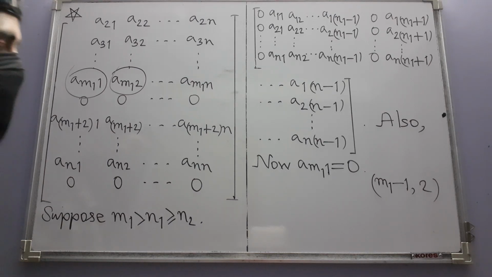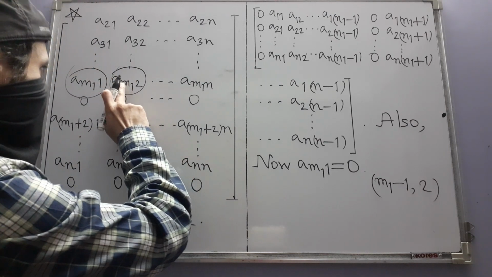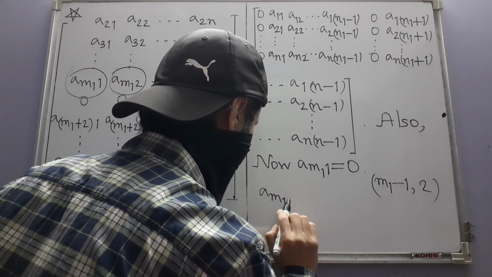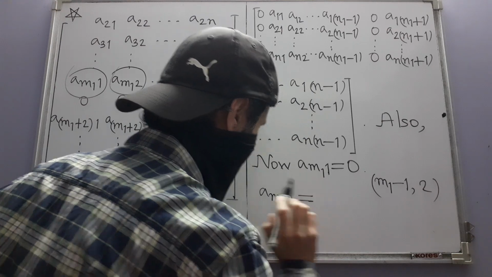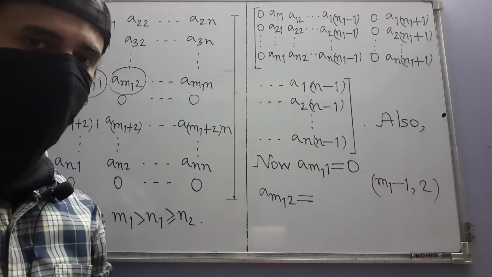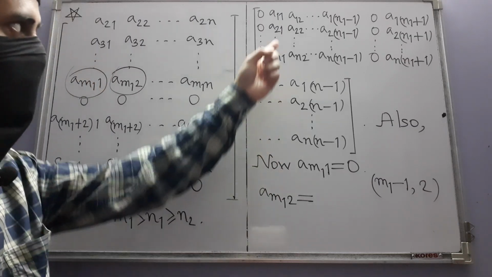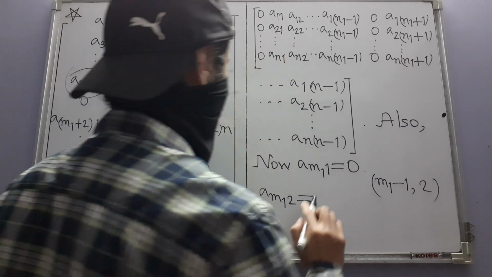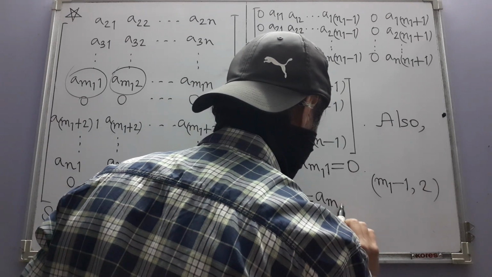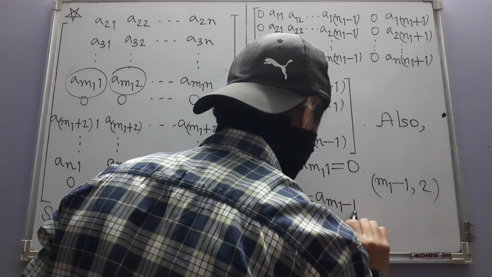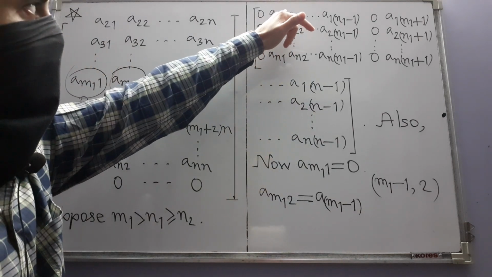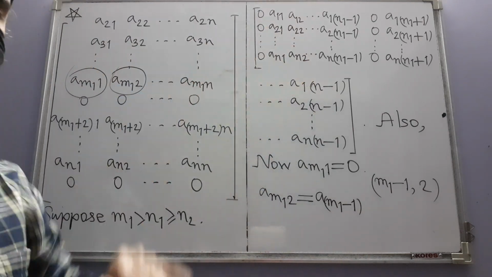So this element, that is a m1 2, is equal to the m1 minus 1 row, second column element of this matrix. Now the row number appears as it should appear, m1 minus 1, second column. In the second column, all the second indices are 1.